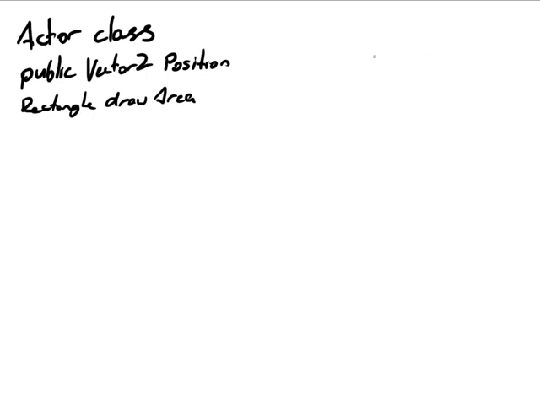For the moment, we're just going to set it up as a simple white box. That's all our player is going to be. So we need a draw area so we can show him on the screen somehow. We need to have a layer depth. And we need to construct it somehow. In our case, all we want to do is just take in a position.